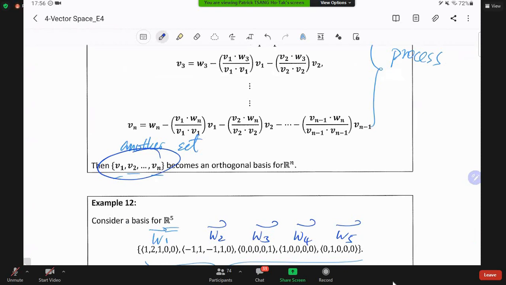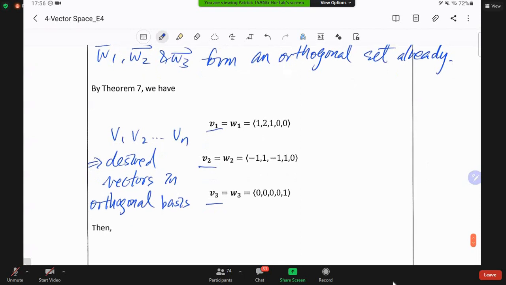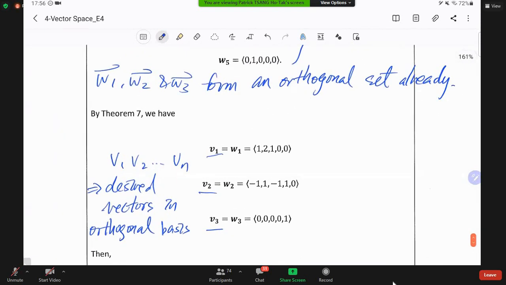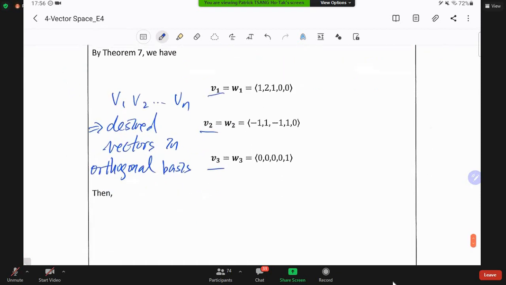We use this kind of notation to denote the vectors inside the designated orthogonal basis. As mentioned, W1, W2, W3 are all qualified to be included in the final orthogonal basis. So we simply assign V1, V2, V3 equal to W1, W2, W3.